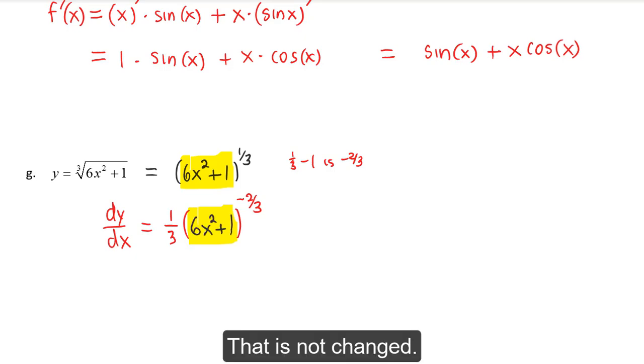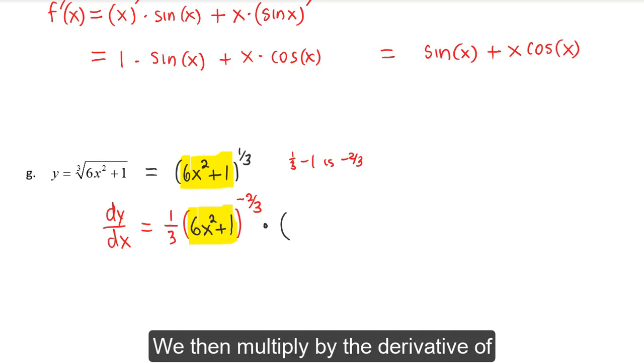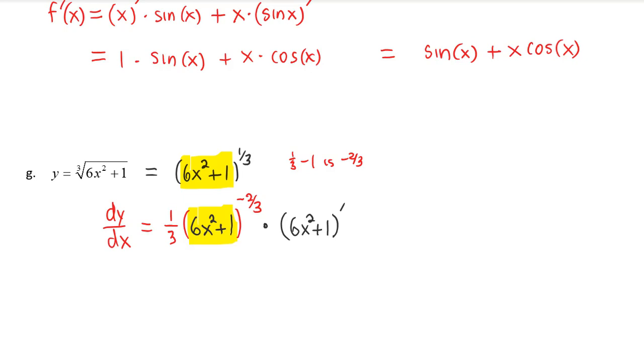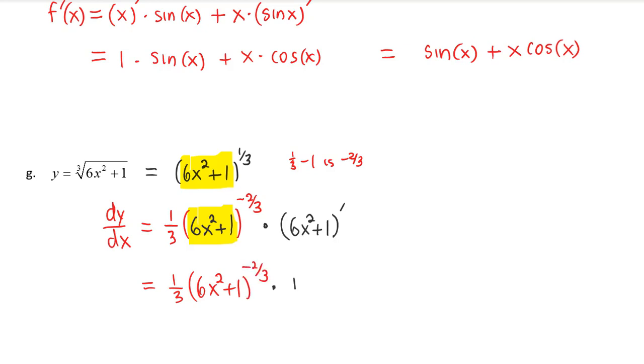That is not changed. But that's also not the end of the story. We then multiply by the derivative of that inside function. So we have 1/3, 6x squared plus 1 to the negative 2/3 times 12x plus 0.